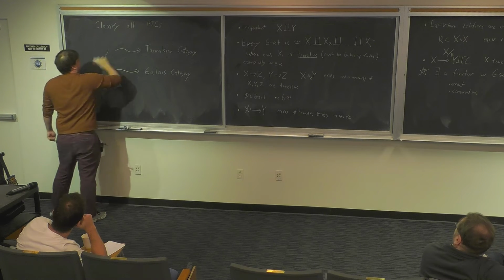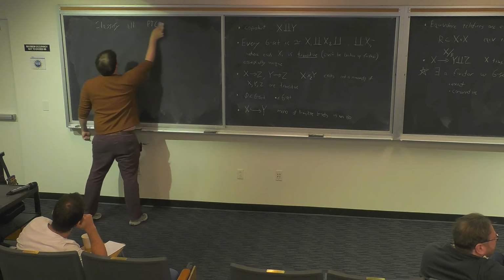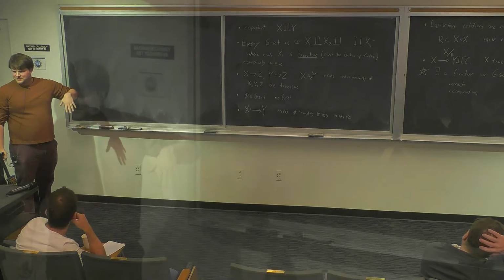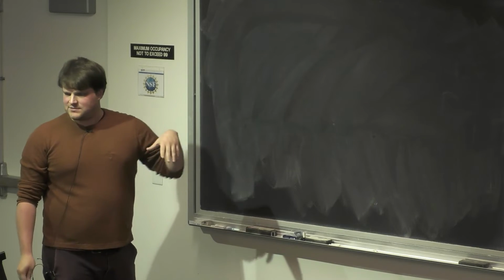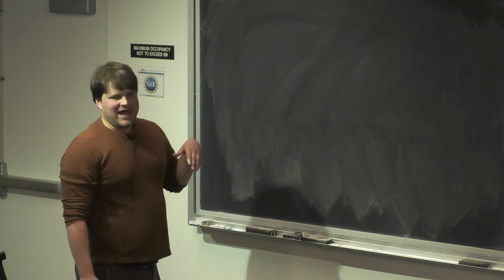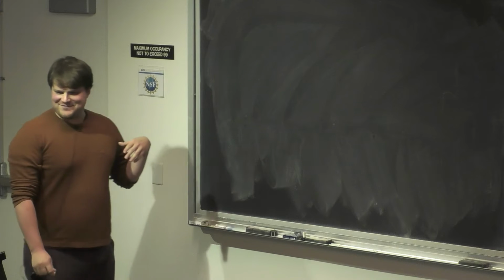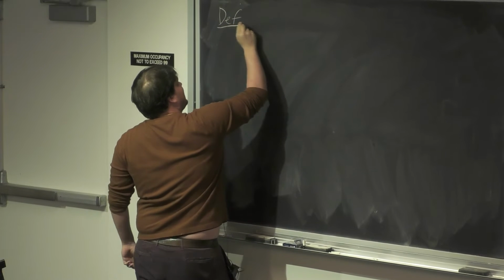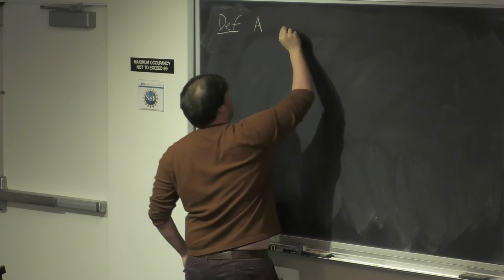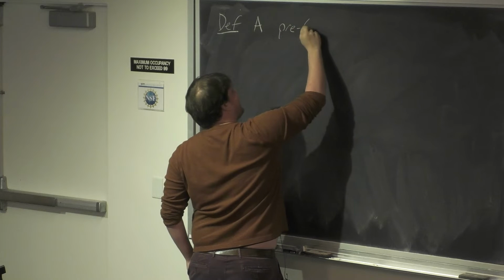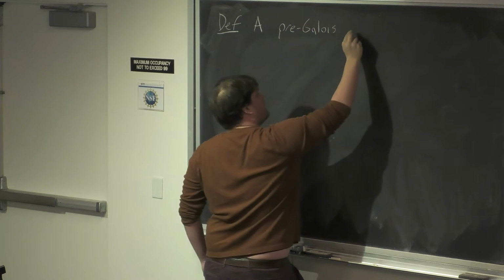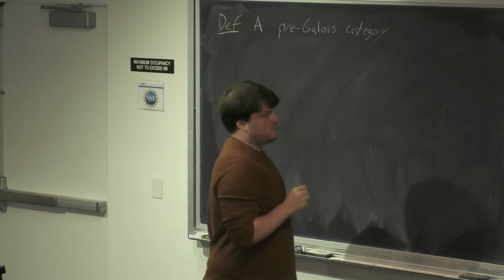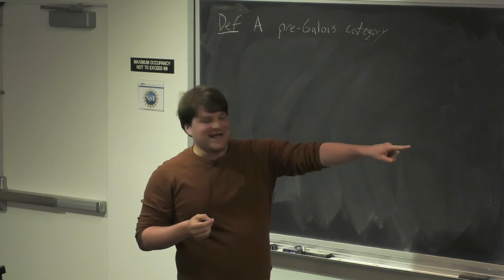Okay. So now we have Galois categories, and we know that they're secretly categories of G-sets for some group. So if you like pre-Tannakian categories, you then want to know, well, what's the analog? So, definition: a pre-Galois category is all of these things, but not the last one necessarily.